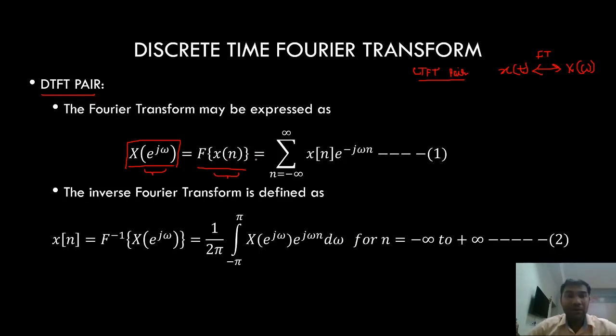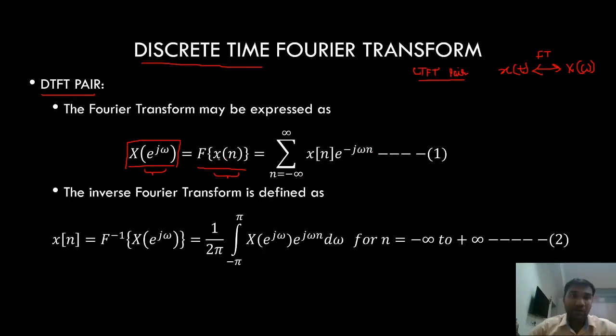Now how is it defined? Since it is discrete time, instead of integration we'll have summation: the summation from n equals minus infinity to plus infinity of x of n e power minus j omega n.